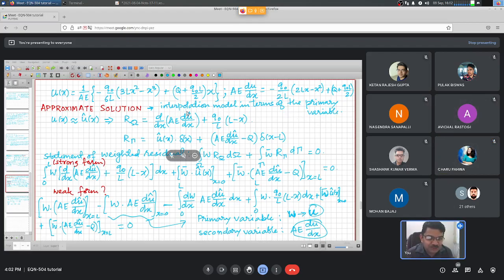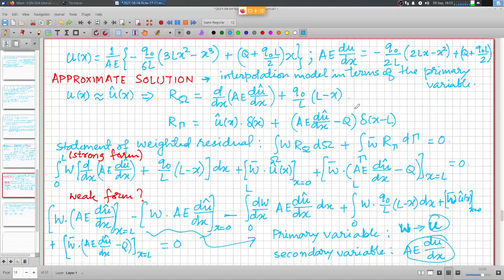That is the reason we adopted this model of approximate solution. So let's say this is one element and this is another element, right? So this is omega e and this is omega e plus 1. This node is common.